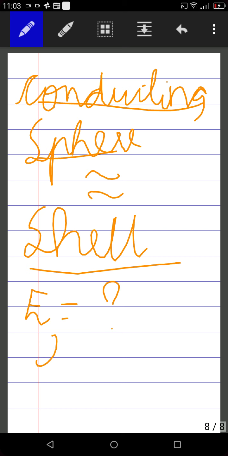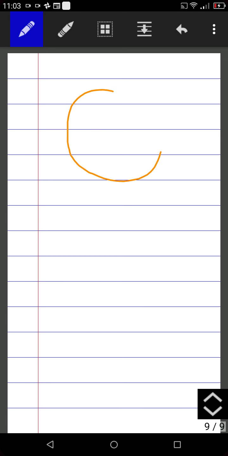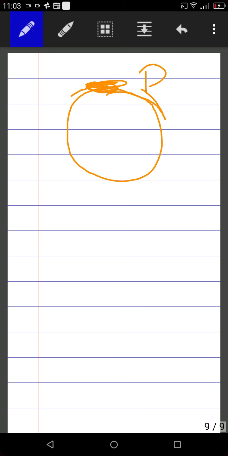Now we will take one more. What is the electric field when r is equal to capital R? Here somewhere this point is P. This is on the surface of this conducting sphere or shell. Every time we are considering small r from the center. Wait, I will show.